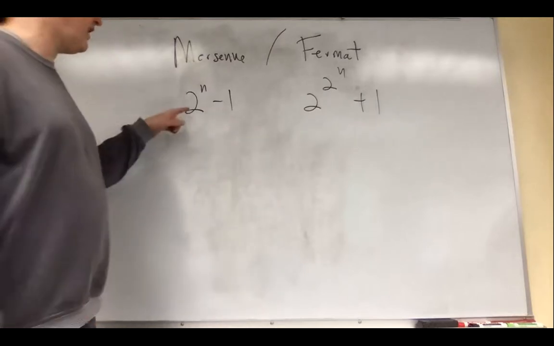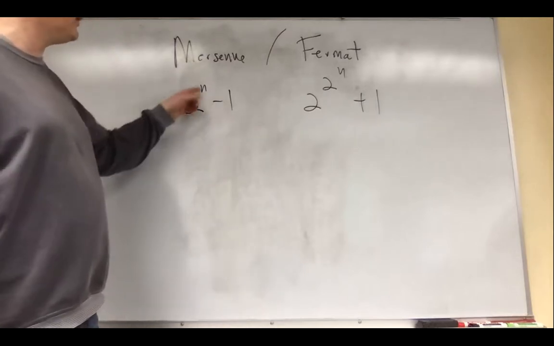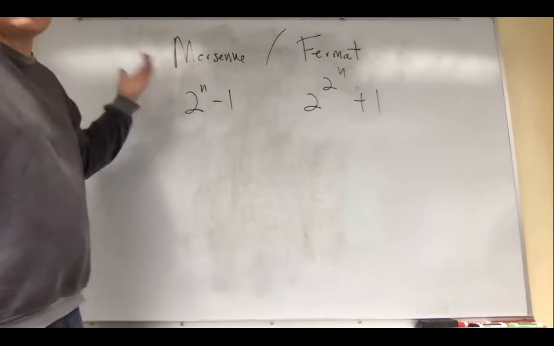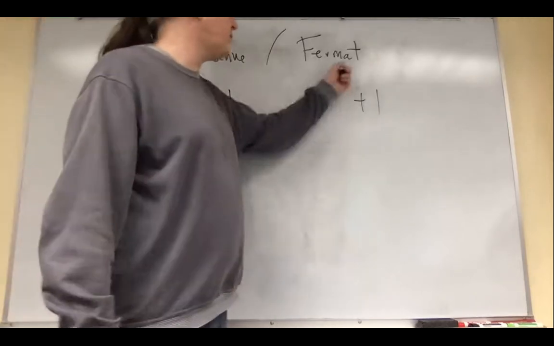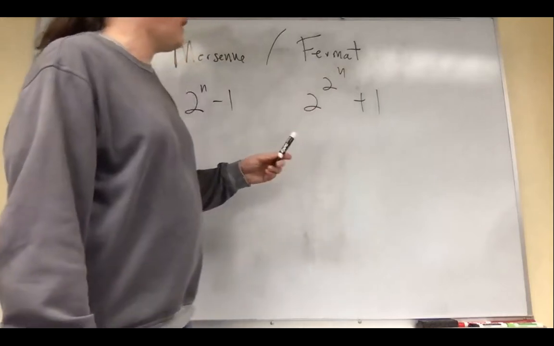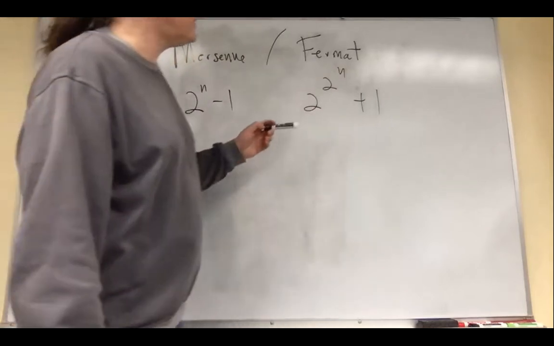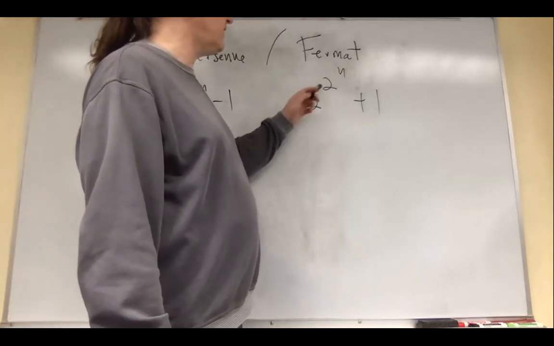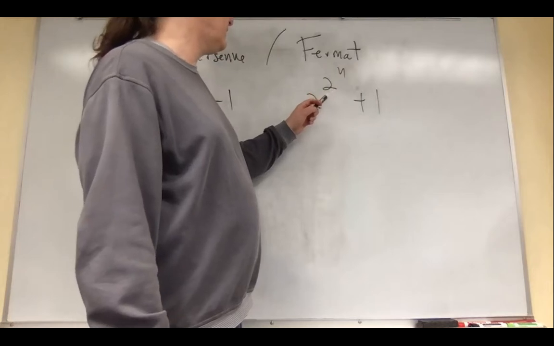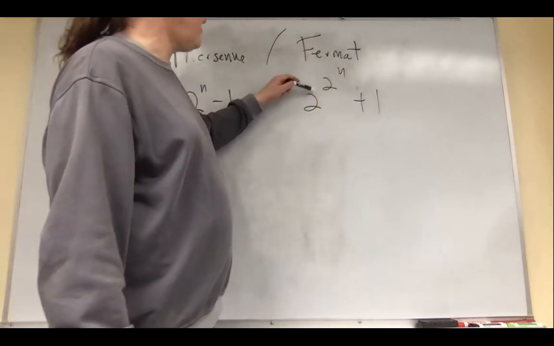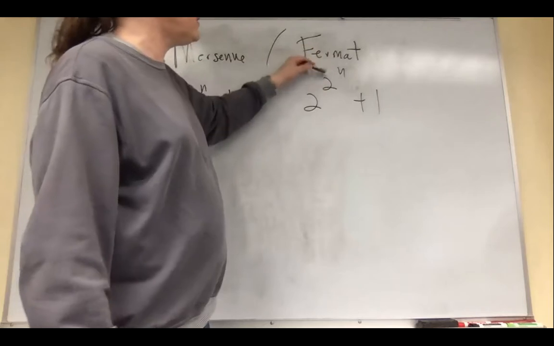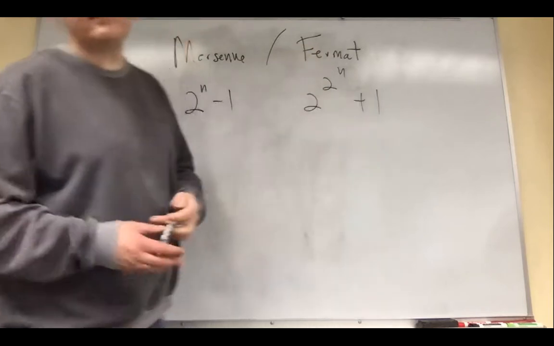If we take 2 cubed minus 1, we get 8 minus 1 is 7. That's prime. Okay, fine. And Fermat, in his case, if we take a number that I can manage doing here, if n is 3, I would have 2 to the 8th, which is 512, plus 1 is 513.